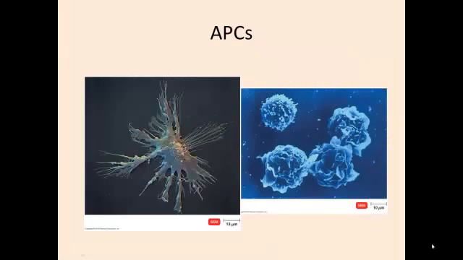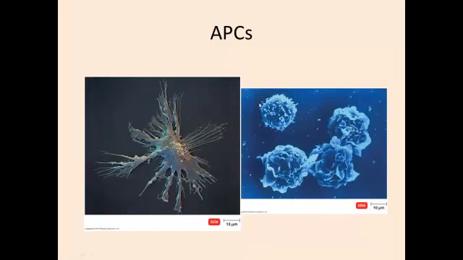Now let's talk about antigen-presenting cells. Antigen-presenting cells are any cell that phagocytized. Remember in the last chapter when we talked about how macrophages, here we've got a lovely dendrite. Isn't that a beautiful micrograph? Look at all those extensions just hanging out waiting to grab something and suck it on in.